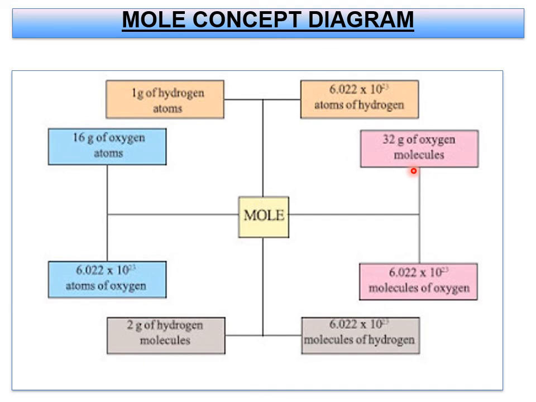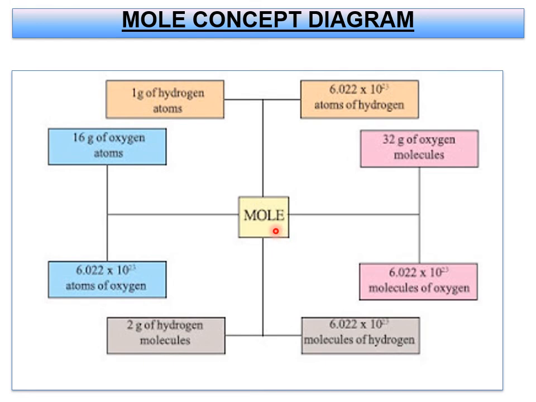When you go to the molecule, that is O2, 2 into atomic mass of oxygen 16 is 32. 32 g of oxygen molecule consists of Avogadro number of molecules of oxygen. Similarly, when you go with H2 molecule, 2 g of hydrogen molecule consists of Avogadro number of molecules of hydrogen. Why have I used Avogadro here? Avogadro is nothing but, we know already, 6.022 into 10 power 23.